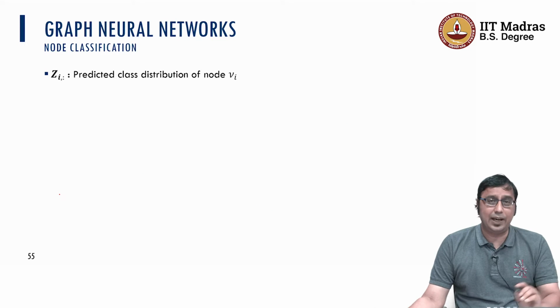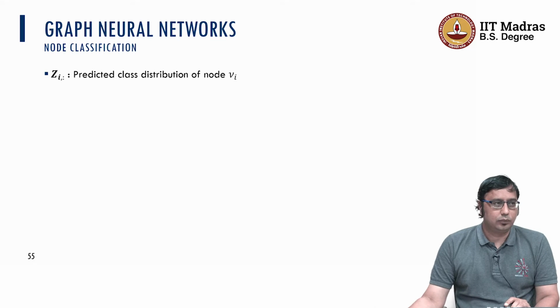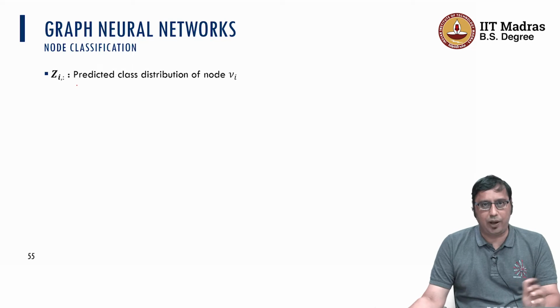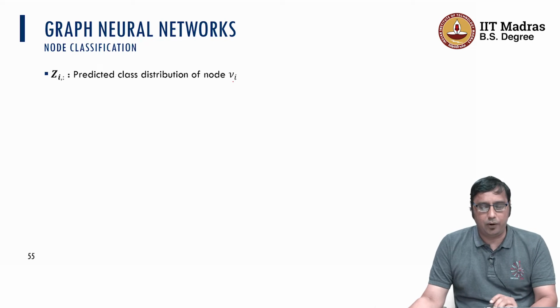So Zi means the ith row, and all the columns predict the class distribution for node i, or is the class distribution of node Vi.